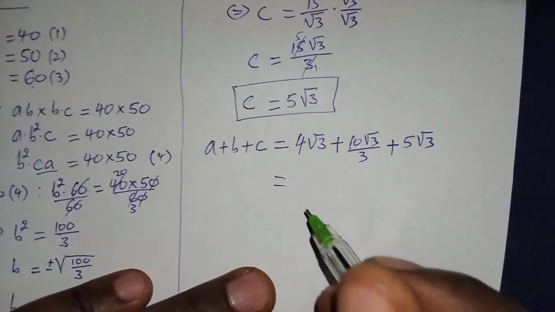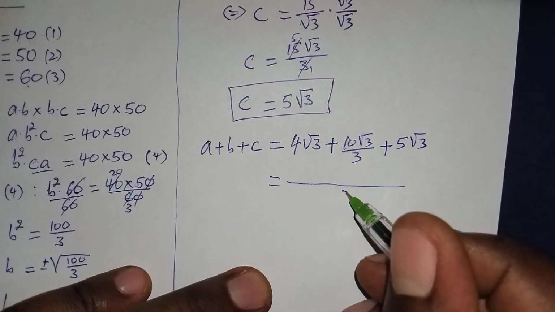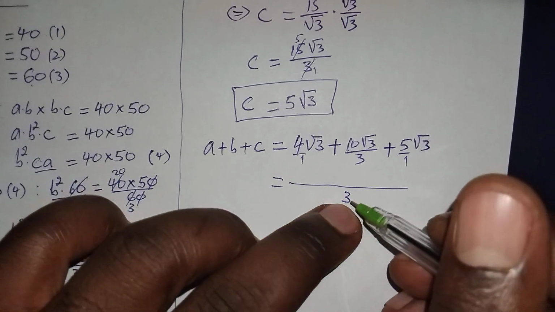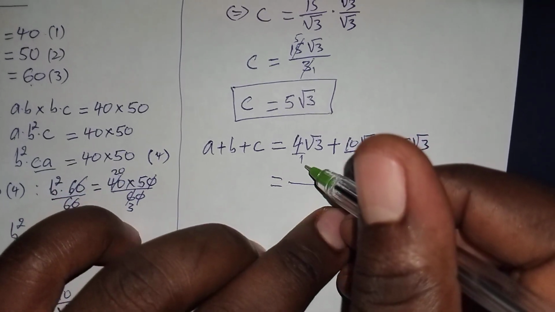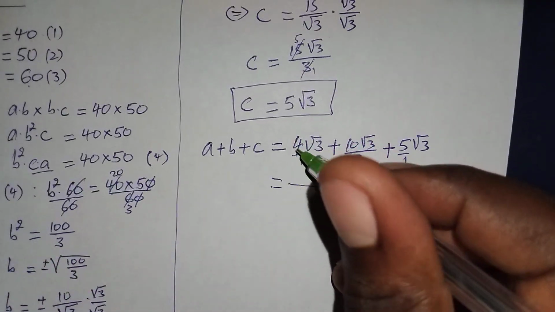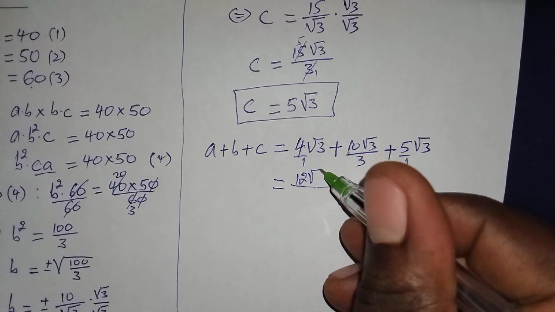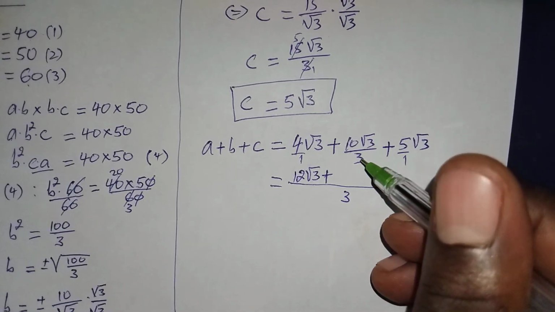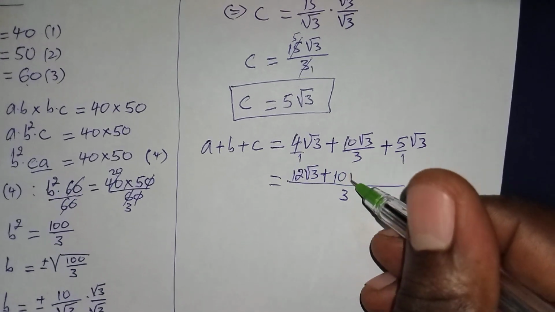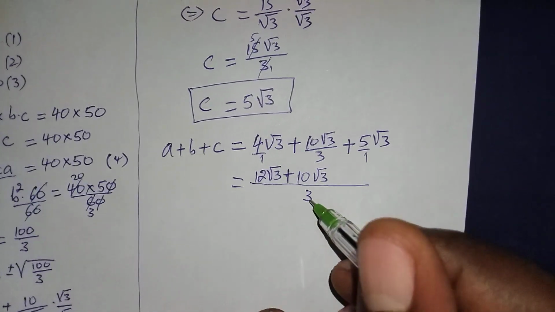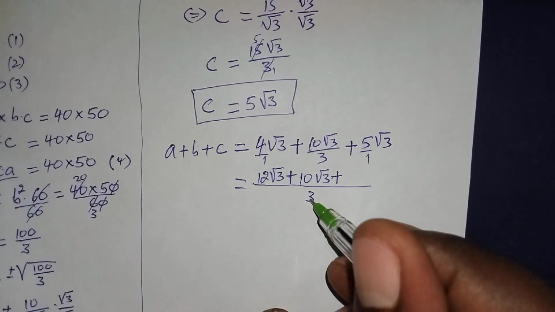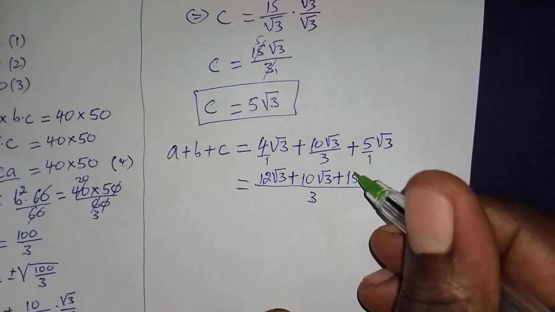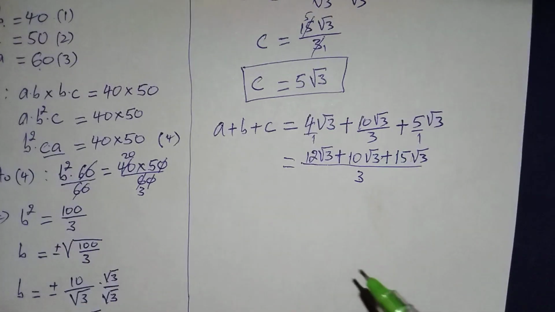This is equal to, let's put on common denominator. This is 1 here. 3 over 1 is equal to 3, times 4 is equal to 12 square root of 3, plus 3 over 3 is equal to 1 times 10 is equal to 10 square root of 3, plus 3 over 1 is equal to 3 times 5 is equal to 15 square root of 3.